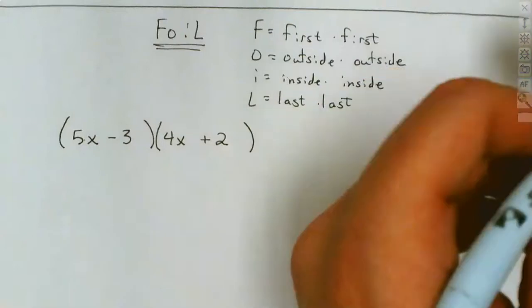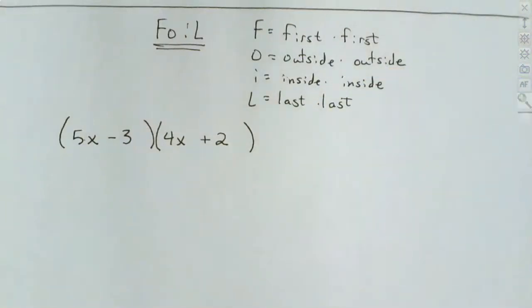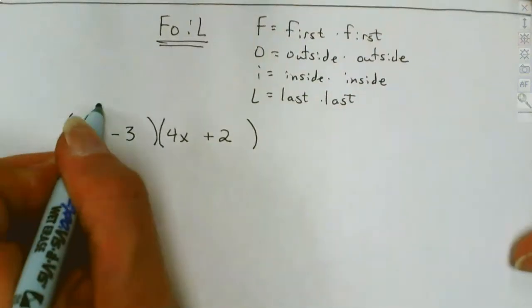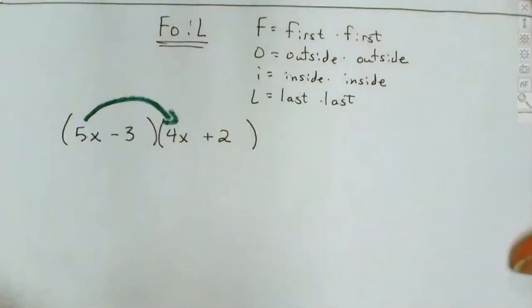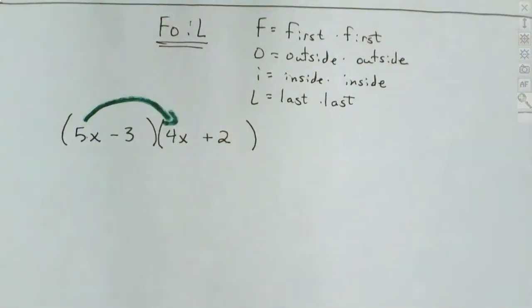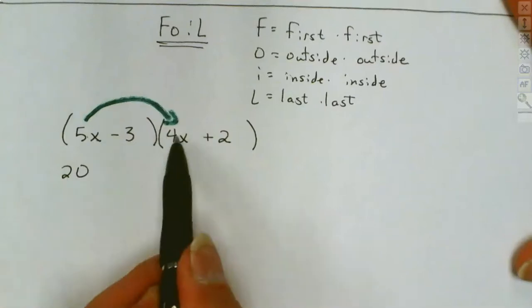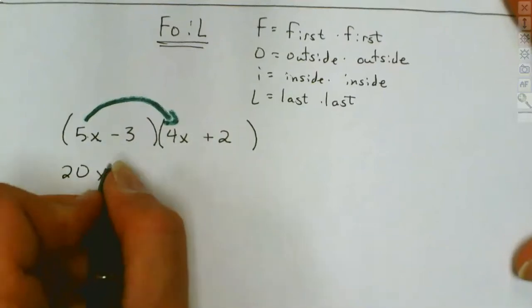So when we FOIL, we want to use the first times the first. Let me find a marker that works. Yep, this one works. So we use the first times the first. FOIL stands for first times the first for the F part. So 5 times 4 makes it 20. X times x makes it x squared.